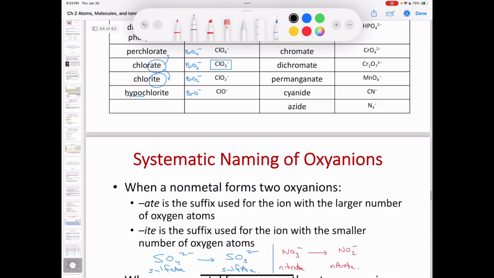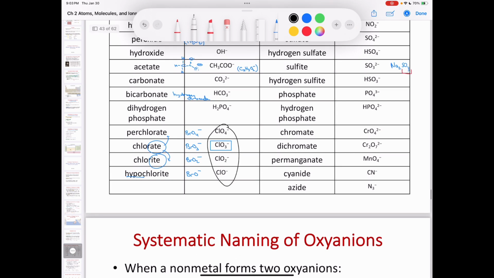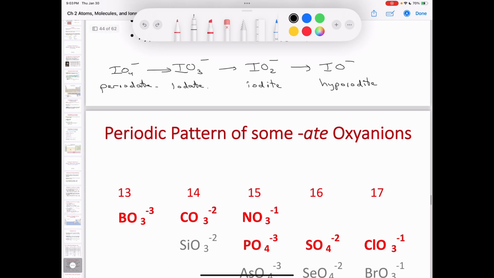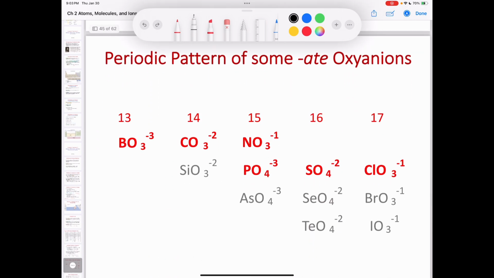And I showed you those with the chlorite, perchlorate, and hypochlorite, and I showed you with the bromine as well, okay? This is a periodic pattern of some -ate ions. So you see the ones in red are the ones that are most common, but all of these are -ates. So BO3 3 minus, that's a borate, carbonate, nitrate, phosphate, sulfate, chlorate.